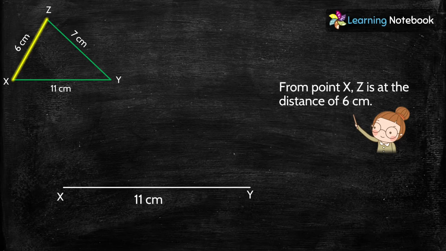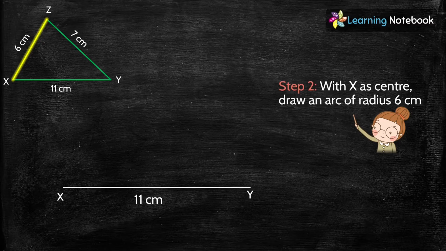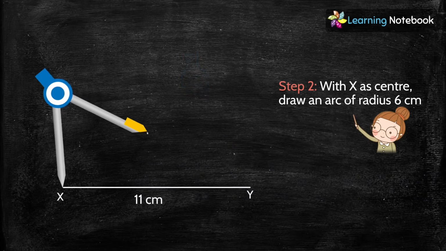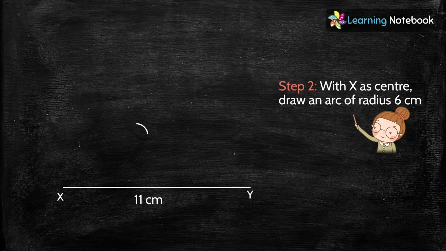So from point X, Z is at a distance of 6 cm. So students, in step 2, open the compass to 6 cm and with X as center, draw an arc of radius 6 cm as shown here.